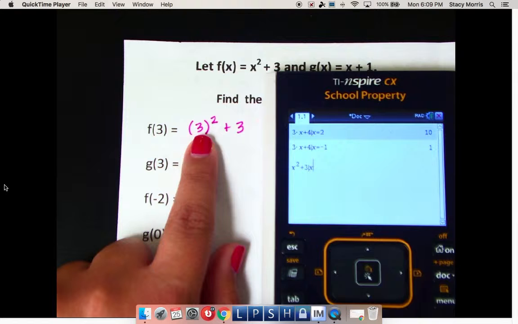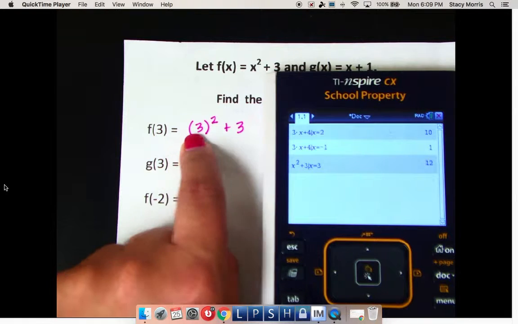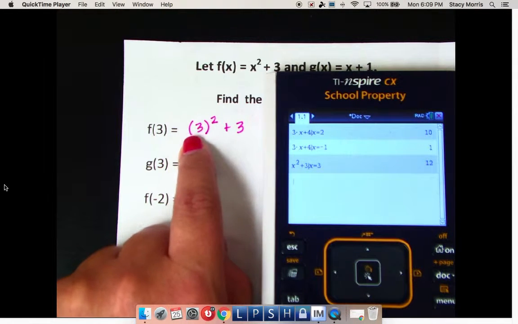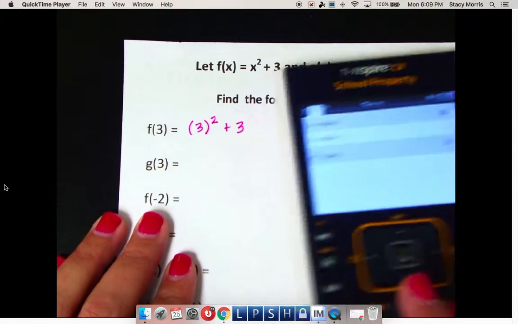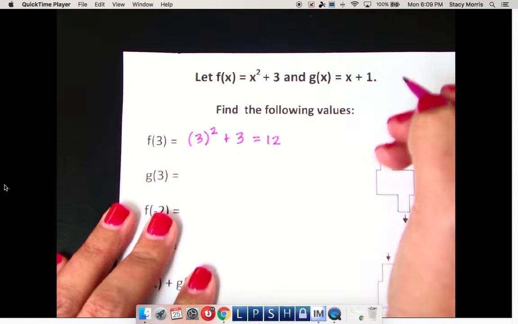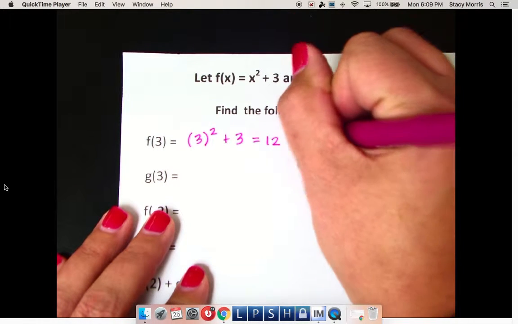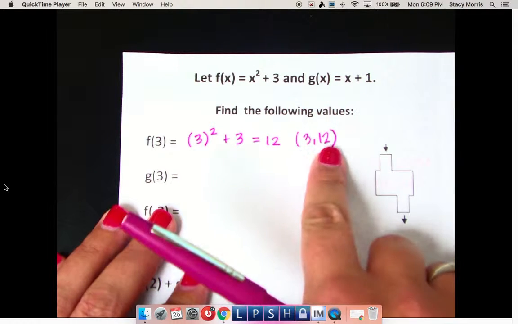So when x equals 3, that is 12. And if you had done that, hopefully you know that 3 squared is 9, because that's 3 times 3. So 3 squared is 9, plus 3 is 12. But I would rather use your calculator. So this equals 12. So if I were going to write that as an ordered pair, it would be 3, 12. So our input was 3, our output is 12.